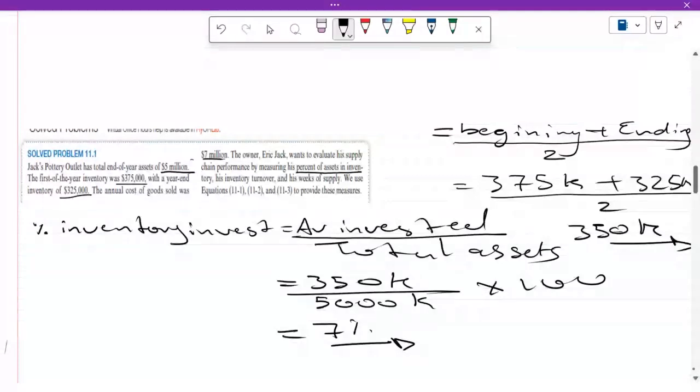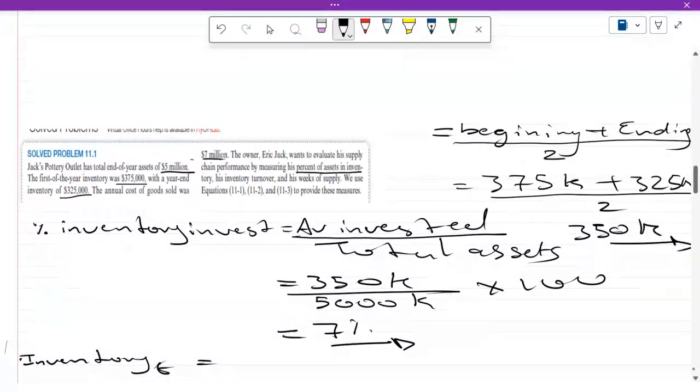Then, moving right along, they want to know inventory turnover. Inventory, I can make a small t there, which is the turnover.